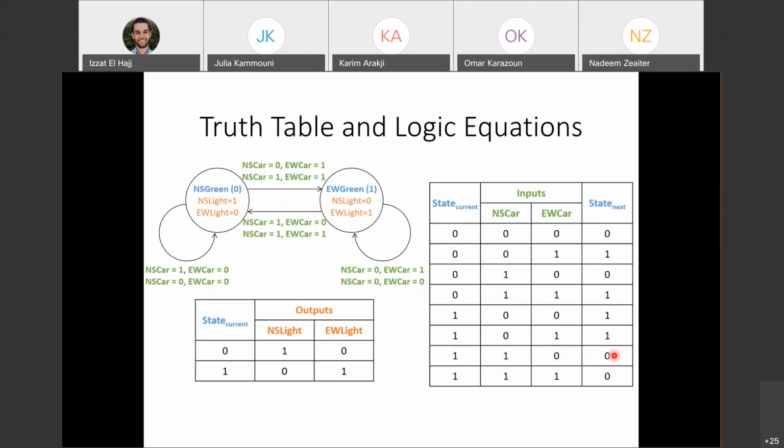Any questions? Yes? There's something I couldn't get. How it doesn't depend on the rule. And for the first case, okay? You mean how come the output doesn't depend on the input?